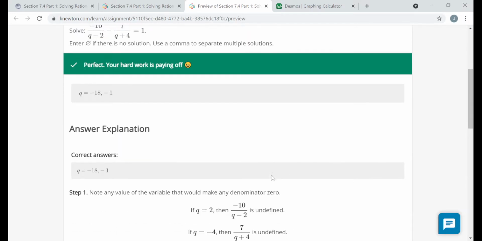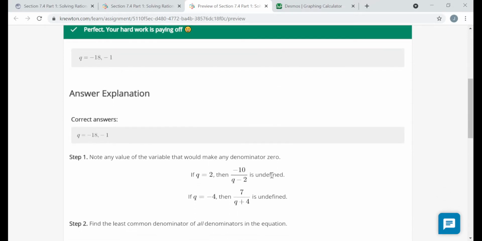Okay, and then after every question, there's an answer explanation, whether you got it right or wrong. I'd recommend you read through the answer explanations either way. If you got it correct, glance through the answer explanations to make sure you got it correct for the right reasons and that you didn't just get lucky.